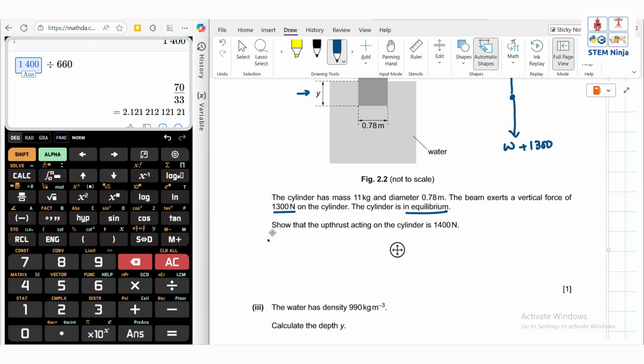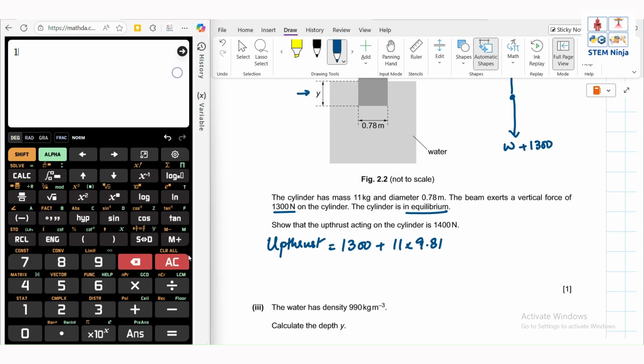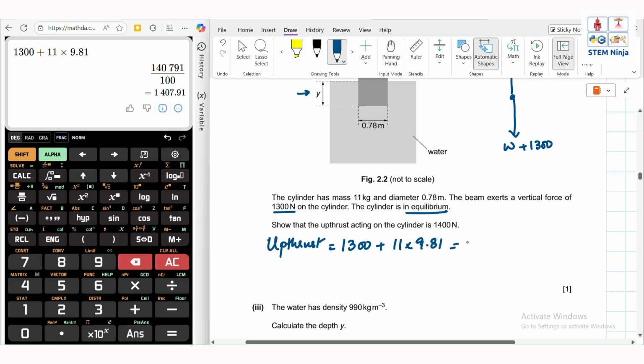So upthrust equals 1300 plus 11 times 9.81. Let's see, that gives 1407.91, approximately equal to 1400 newtons.